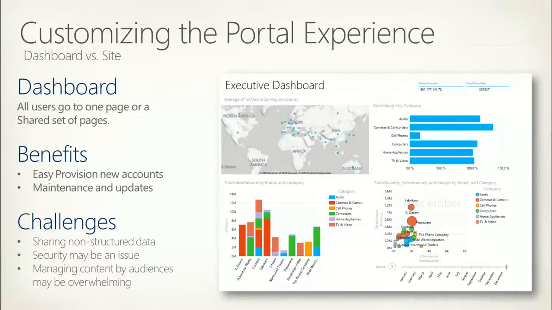If I did the single site approach with dimensional level security, that unstructured information would be very challenging to deal with. Security could quite possibly be an issue with this. And managing content by audiences could be overwhelming. And to be quite honest, you might not even want to end up with profiles for those types of users.